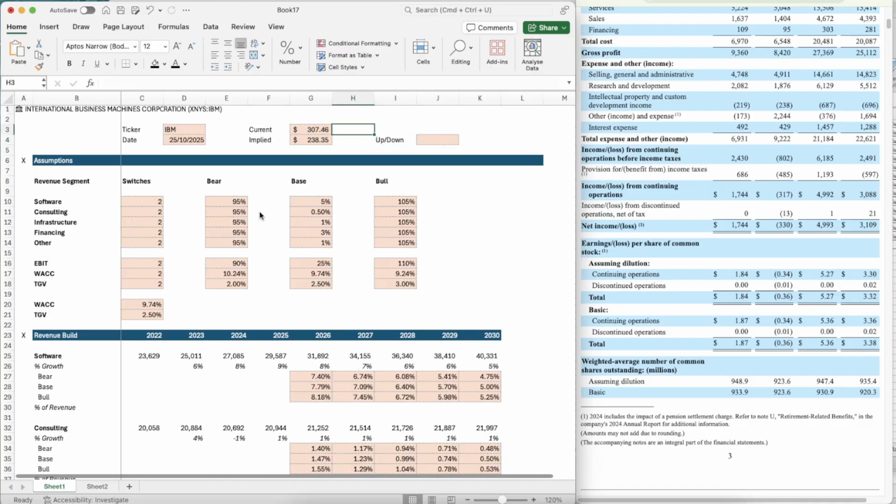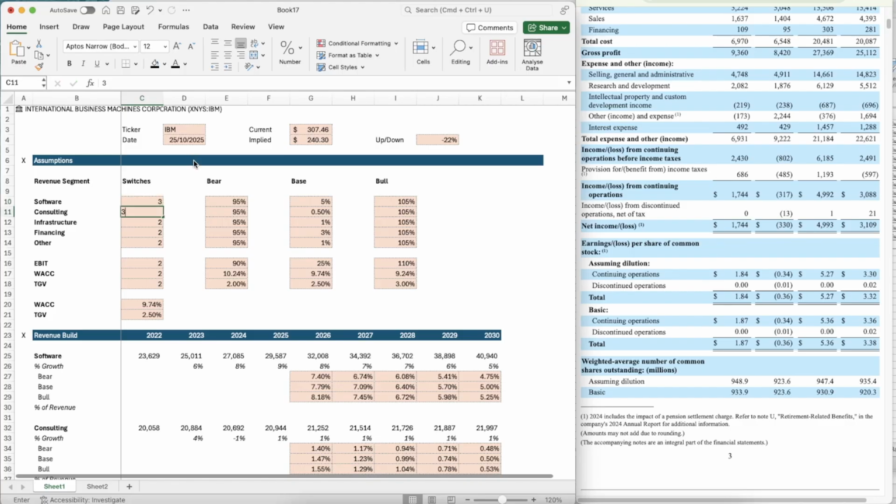Okay, so if the current price is 307 and the implied price is 238, the up or downside, it's obviously going to be a downside because it's a lower forecast than what it is. So on a base case, we're saying there's a 22% downside.